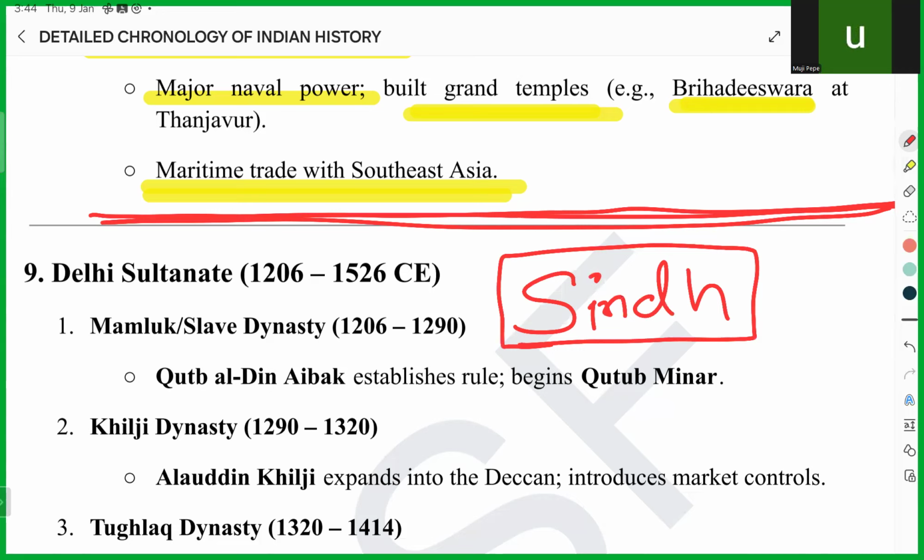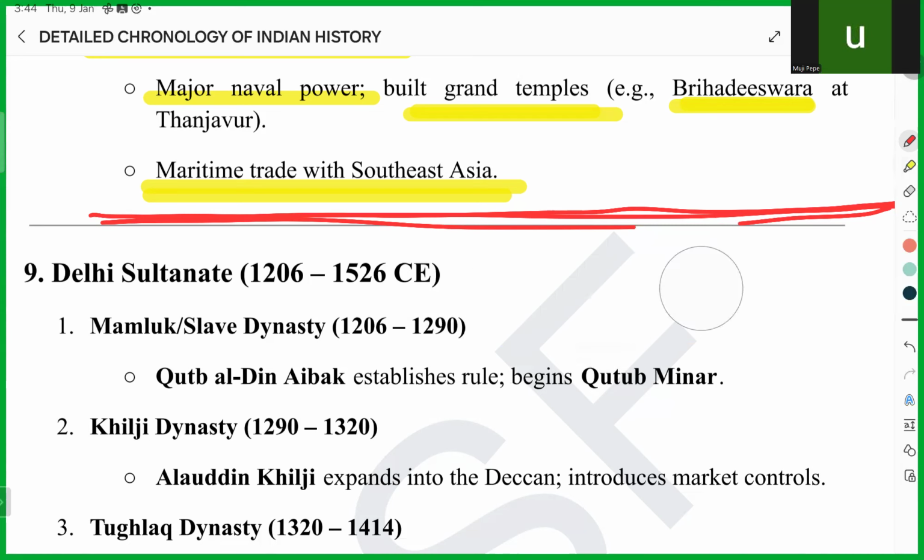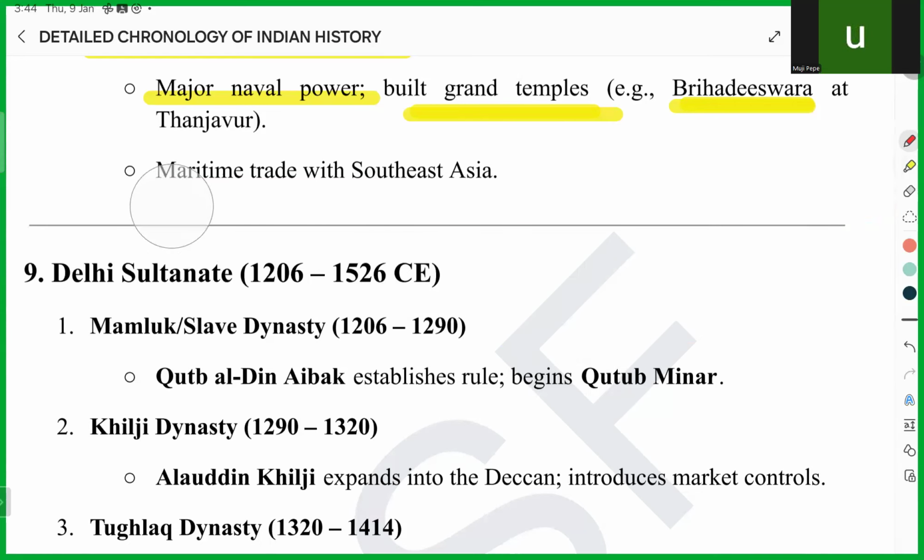So there was a king whose name was Raja Dahir. He was the king of Sindh, and he fought the invaders, but the conquest of Sindh was successful. Good thing was that for at least 300 to 400 years, they were not able to advance from Sindh.